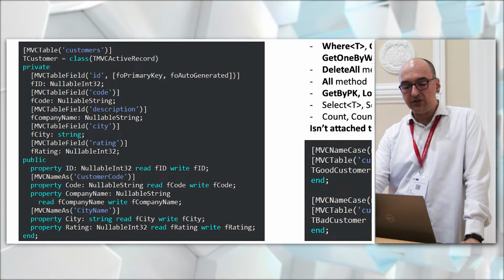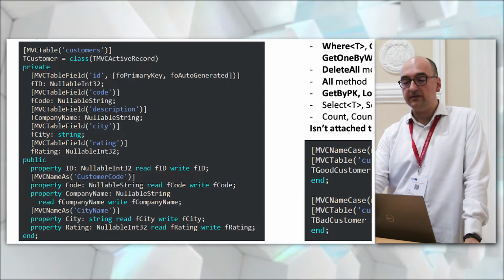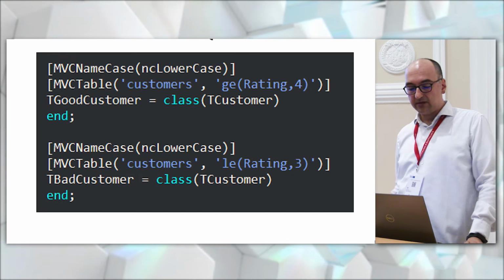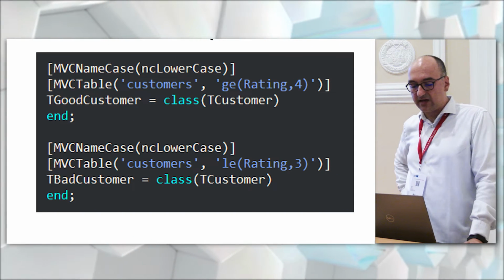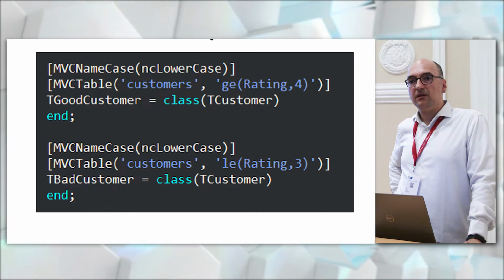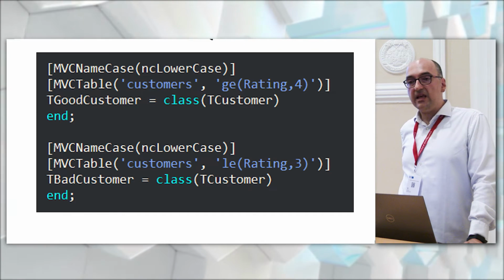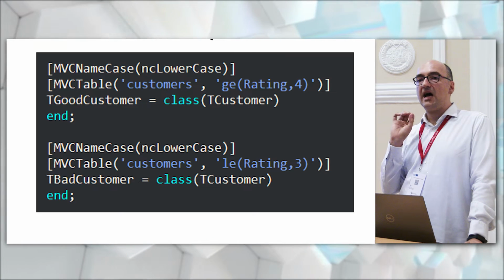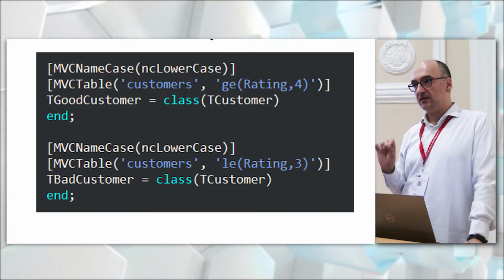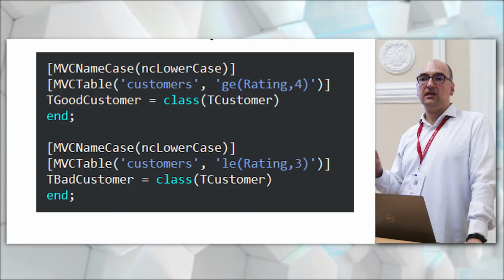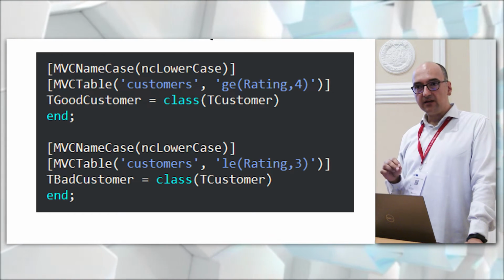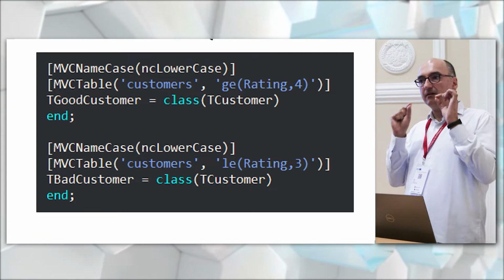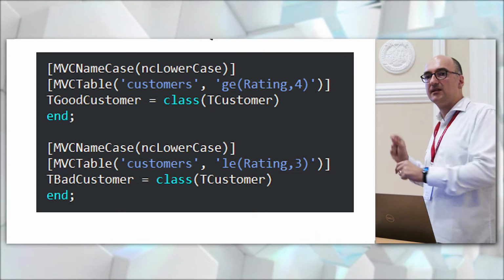This is our plain definition for a TCustomer class. And here we have the TGoodCustomer and TBadCustomer definitions. In the MVC table attributes, you just define an arbitrary complex criteria expressed in RQL, which defines the criteria to apply to any reading operation for that class.